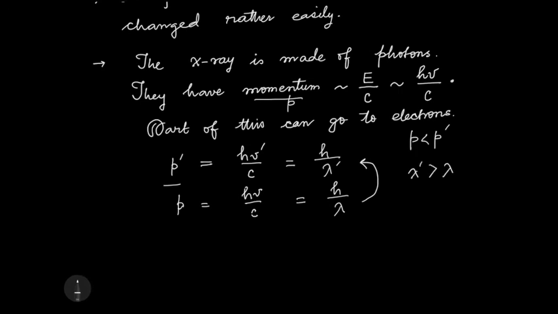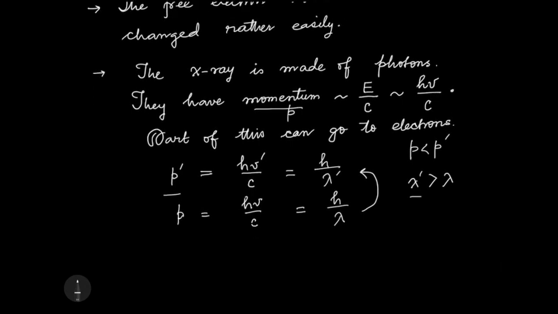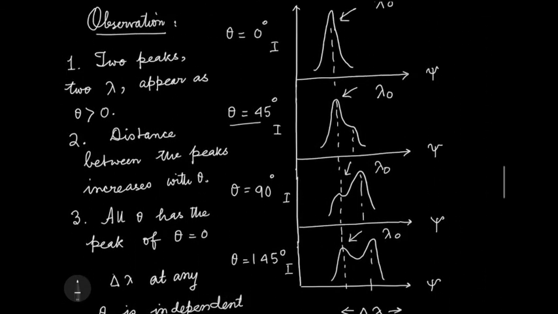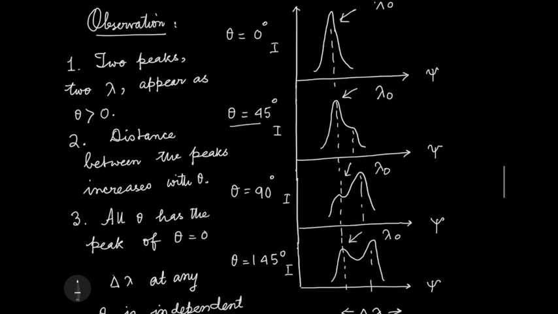So lambda prime will be greater than lambda. So you will see a second peak now at lambda prime, which is at a greater wavelength. That is this second peak that we see in these plots. Okay, this is the qualitative explanation by Compton.